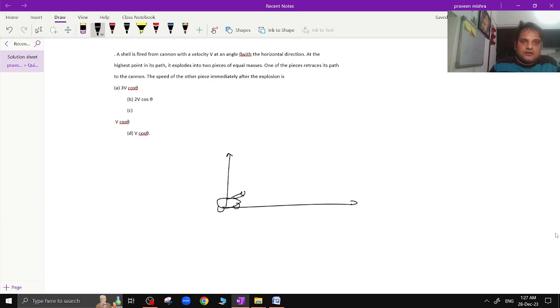From here a shell is fired, and definitely it will follow the parabolic path with a velocity v at some angle theta, and at the highest point, it explodes into two equal pieces. Means if the mass here is 2m, then this is going to explode into a mass m and another of mass m.